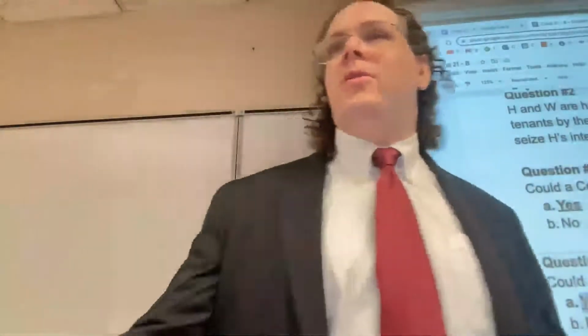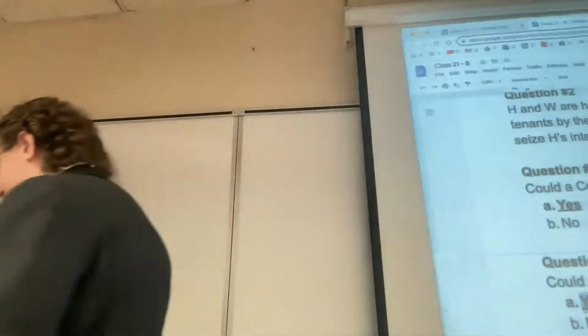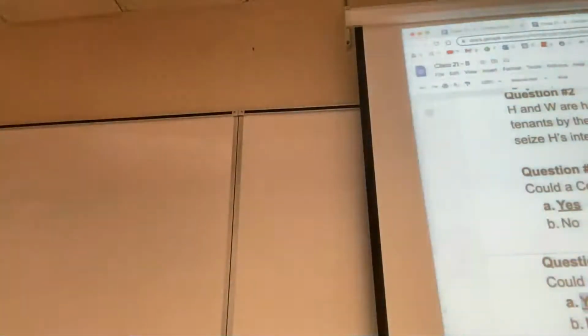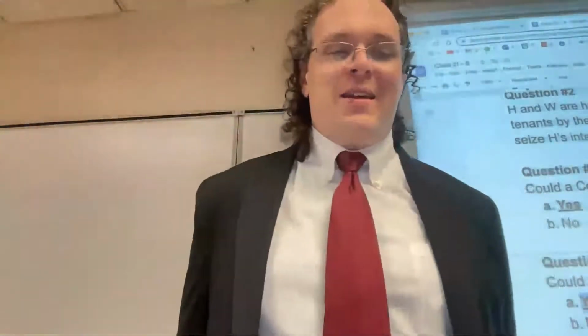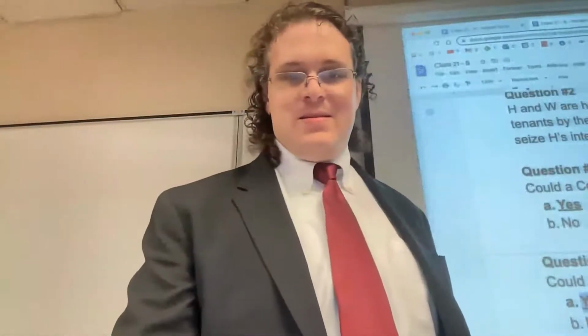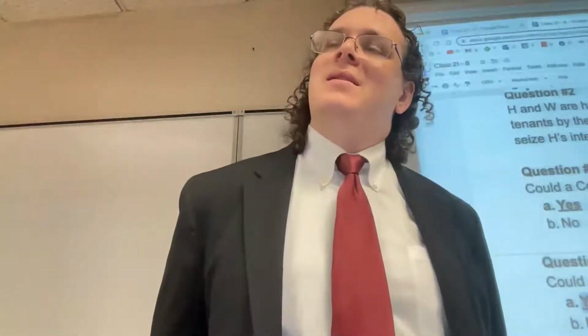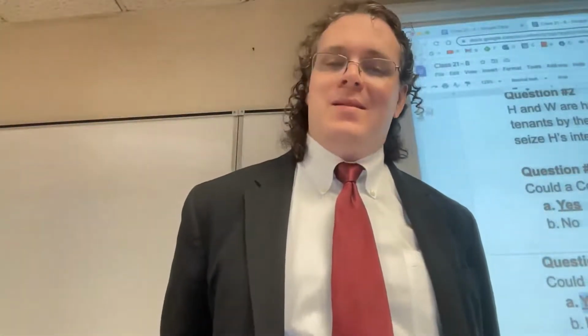All right, John. Let's talk about group number 3. What's group 3? Group 3 is that the creditor basically can't go after the marital property at all. They're protected by the marriage. Well, how do number 1 and number 3 differ? Why does number 3 mean you can't go after anything?